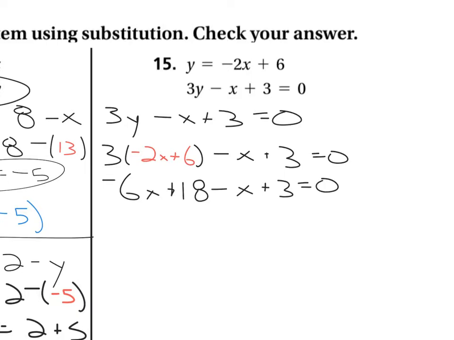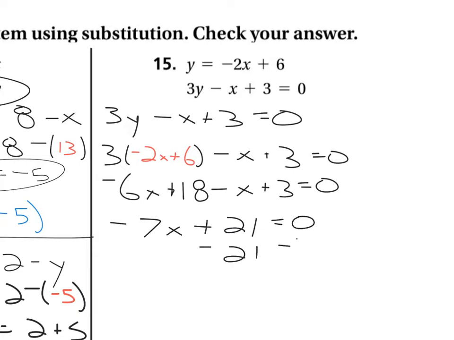equals 0. And the first thing I need to do to sort this out is to combine like terms. I've got a negative 6x and a negative x. That becomes negative 7x, plus 18 and 3, which is 21, equals 0.